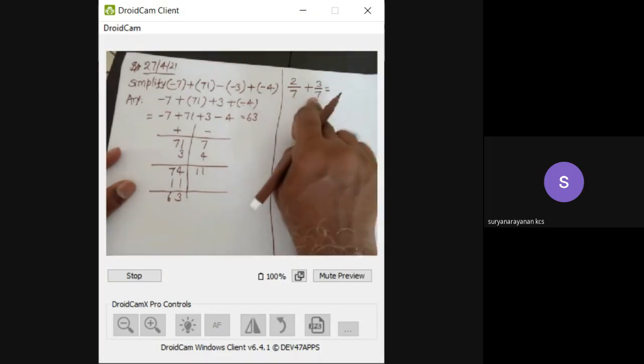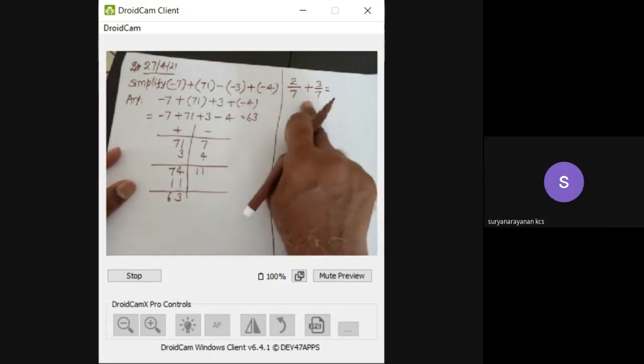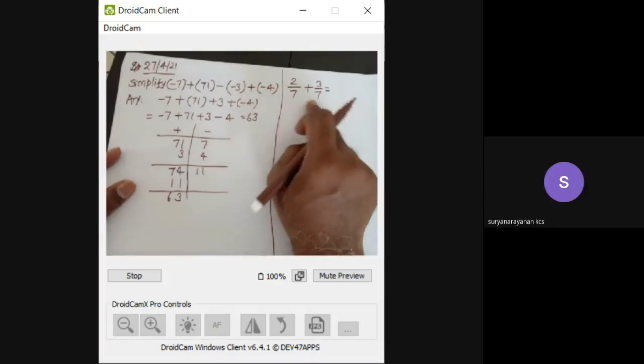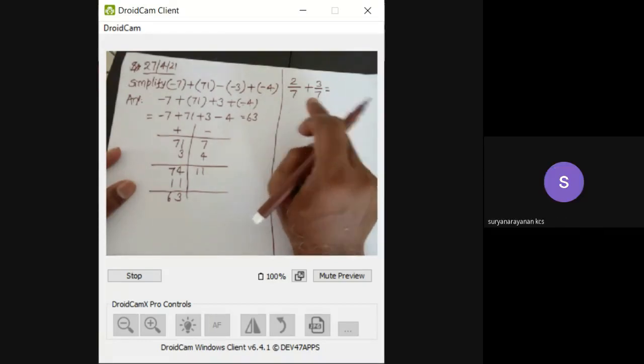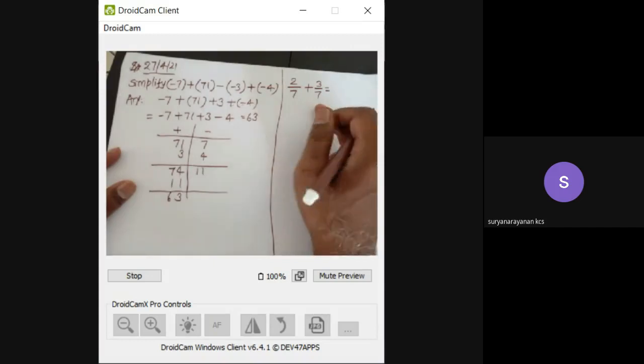If you observe this mathematical expression, sir, like fractions. Because what is the reason behind this? We are telling these are like fractions. Any reason? The denominators are same. Very good. That is the reason. Denominators are same. That is why these two fractions are called like fractions.